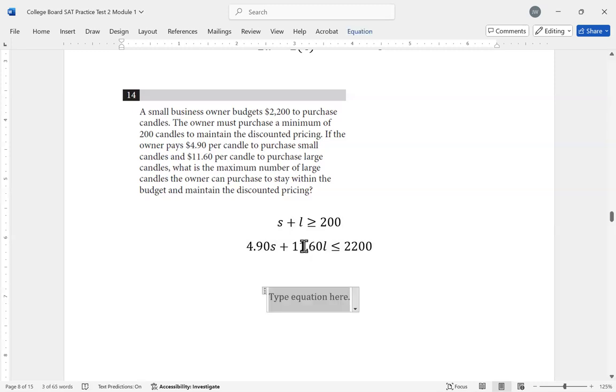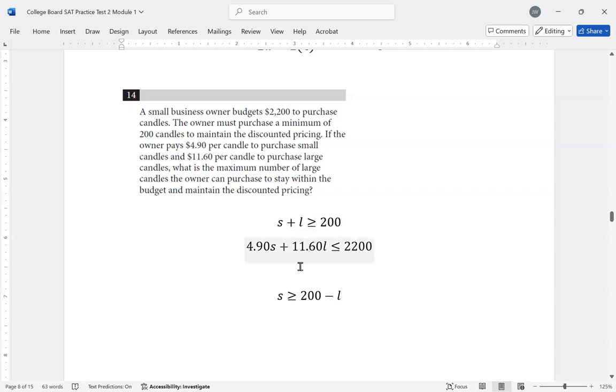In the first inequality, I would subtract L from both sides. So we'd get 200 minus L on the right-hand side. So S is greater than or equal to 200 minus L. Again, that's what happens when I subtract L from both sides of the first inequality.